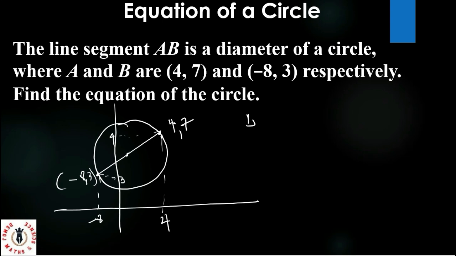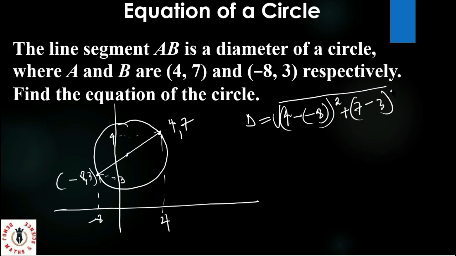So that my d now, which is the diameter, will come from the square root of 4 minus 8, this is all squared, plus 7 minus 3 all squared.